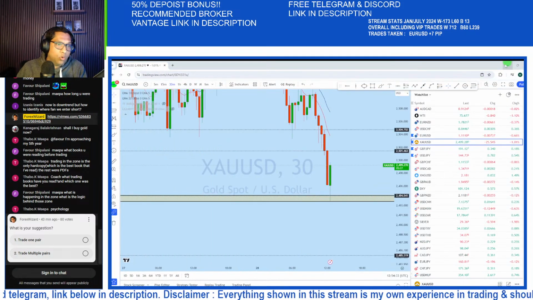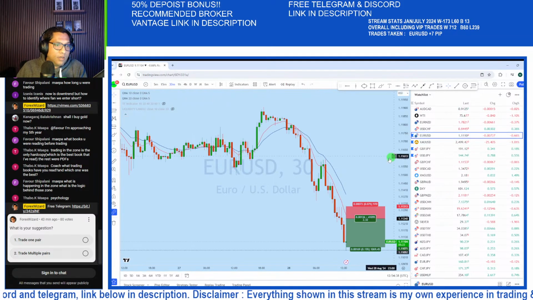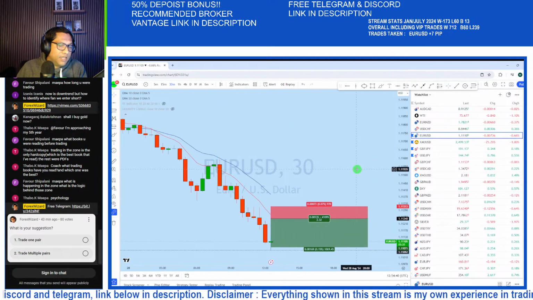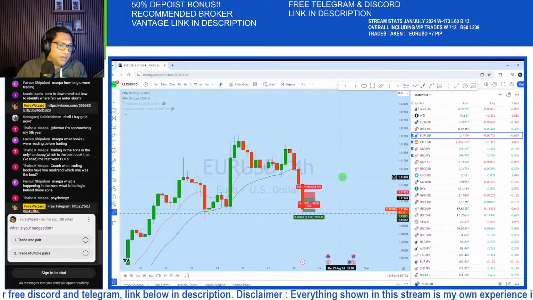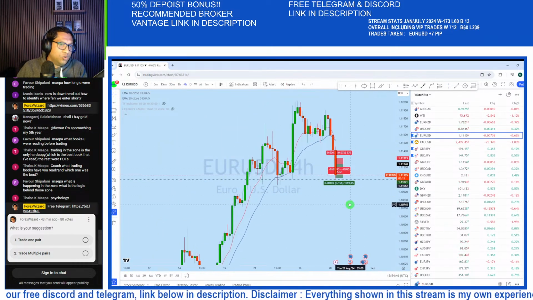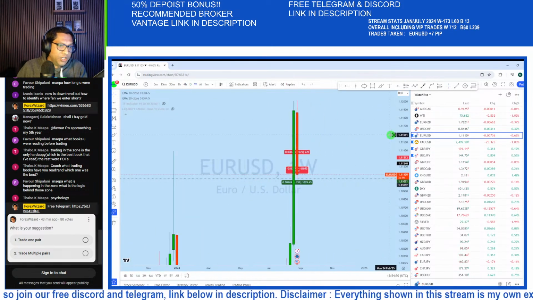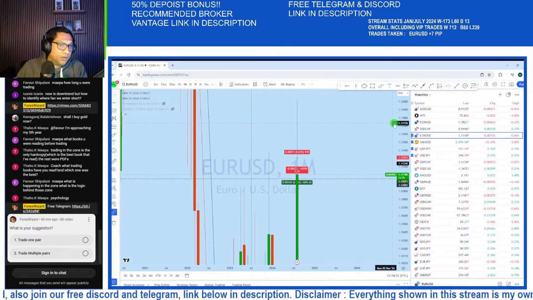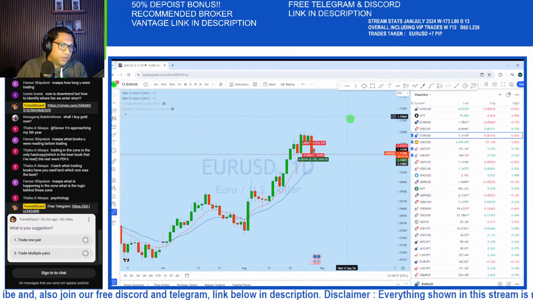So euro dollar and gold will be very volatile, and that is being reflected on euro dollar. It's getting very volatile, and I think this market may try to drop further, even potentially, because this is the monthly close. You can see it coming to the support.